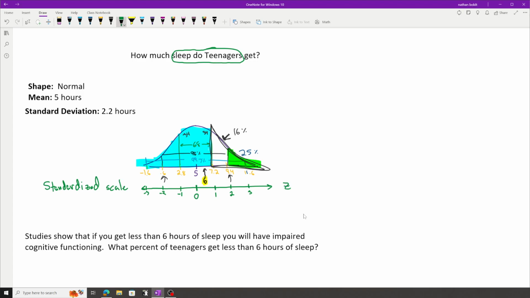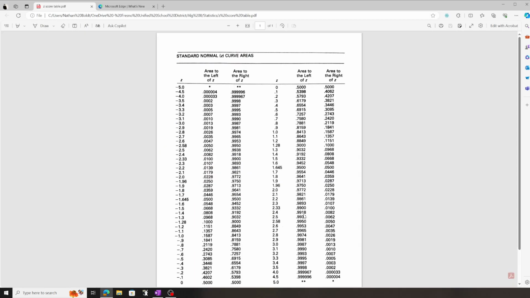These are z-scores. And so what we will do is we will figure out where 6 is on the z-score axis, and the z-scores have no units. It doesn't care if you're talking about sleep with teenagers or SAT scores. Z-scores have no units. And so that is what this table is.